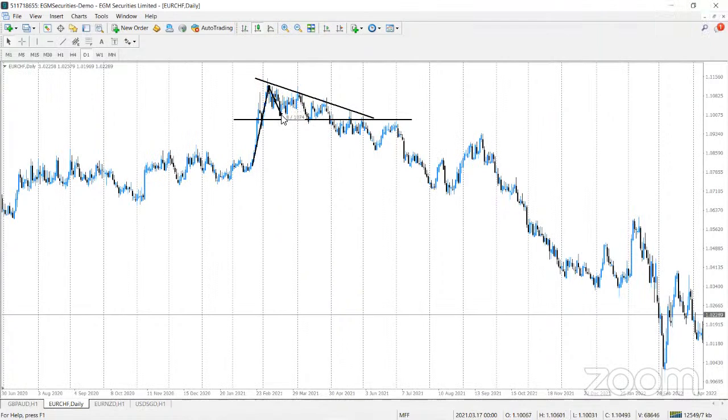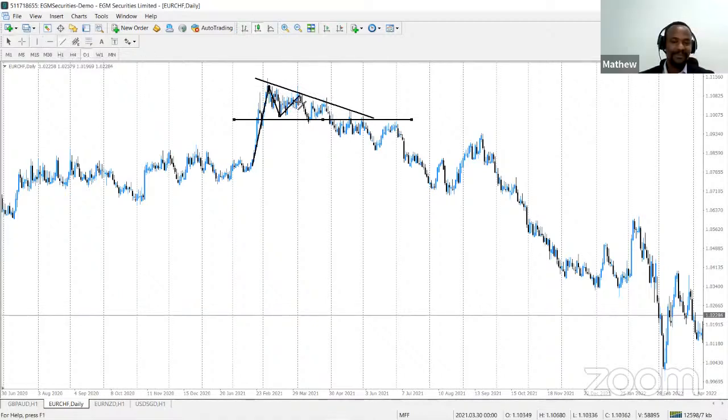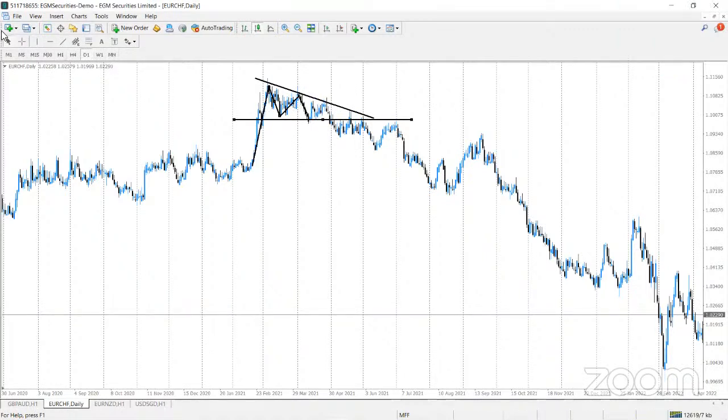With every consecutive attempt from the buyers to push the market higher, it ended up being lower than the previous high. So you can tell buyers are weakening, because every time they attempted to push the price, it wasn't going as high as it had initially gone.